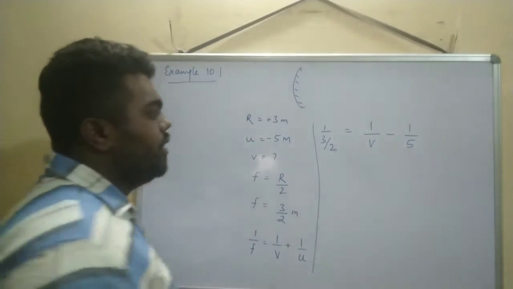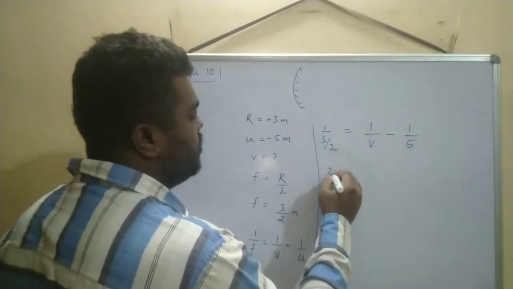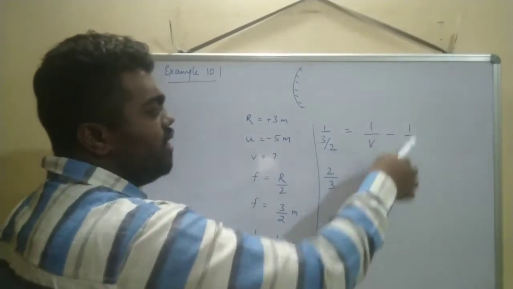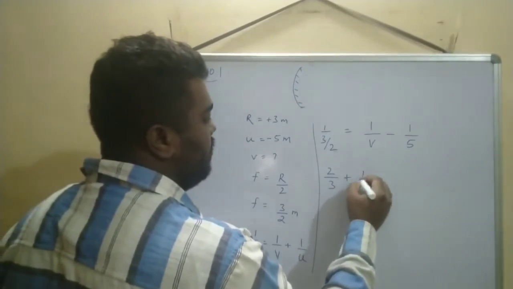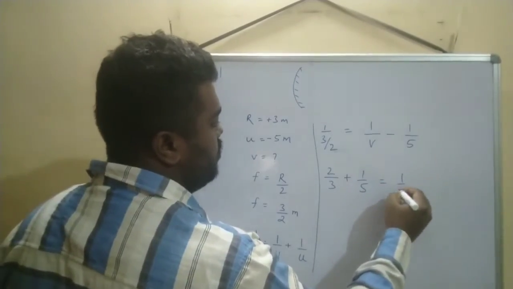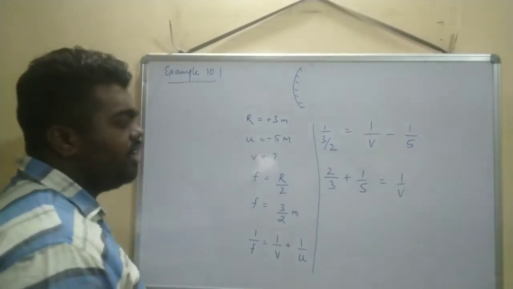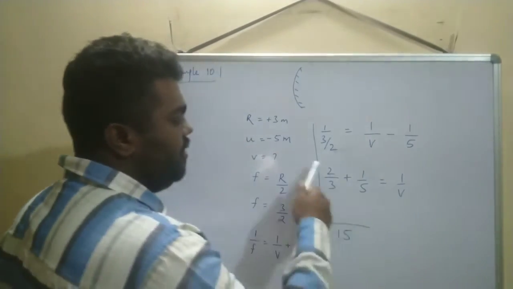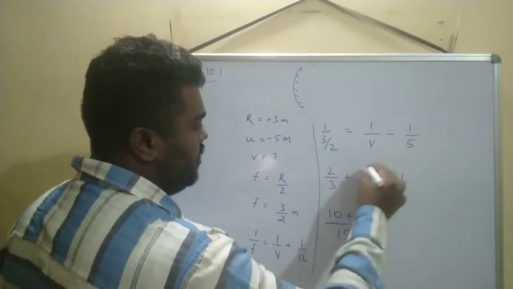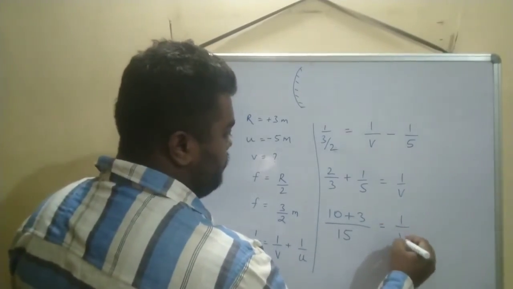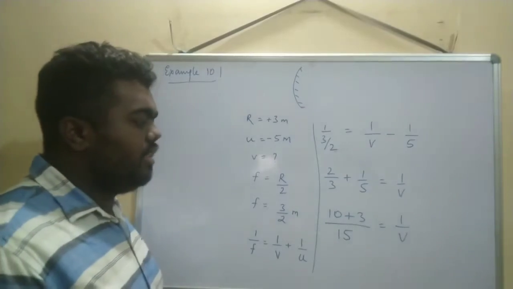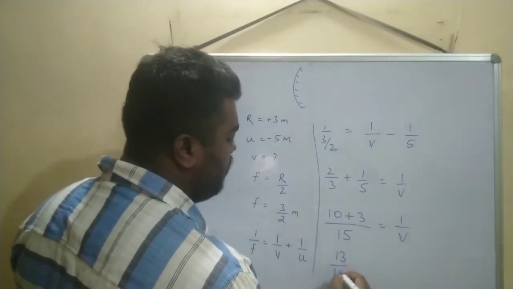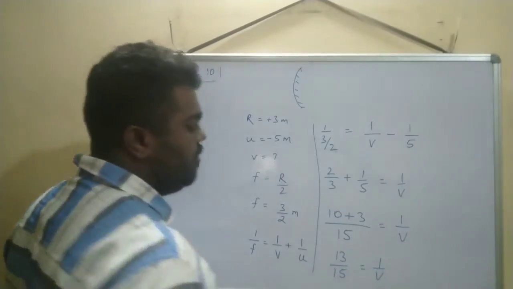Now taking this 2 to the numerator, it becomes 2 by 3, and taking this 5 to left side, minus 1 by 5 becomes plus 1 by 5 is equals to 1 by v. Okay, now we will take LCM. 5 3s are 15, 5 2s are 10, plus 3 1s are 3 is equals to 1 by v. Simple method. Now 10 plus 3, 13 upon 15 is equals to 1 by v.